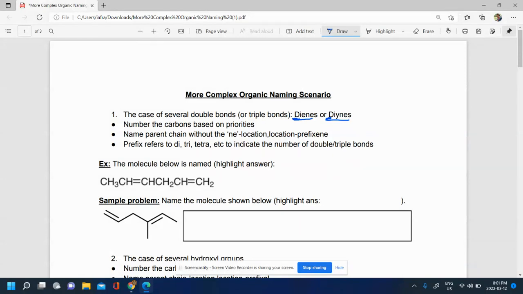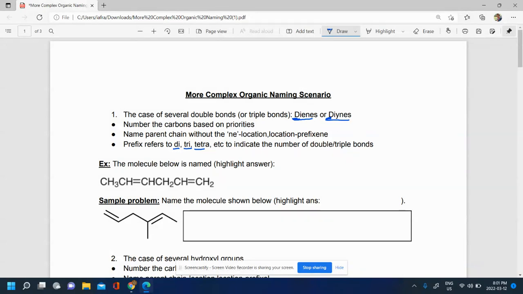And the only real difference in this compared to naming other types of molecules is that before you say "ene," you need to make sure you use a prefix to indicate how many you have. So if you have, let's say, two double bonds, you put diene. If you have three double bonds, you'd put triene or tetraene. And same thing if it was a triple bond molecule.